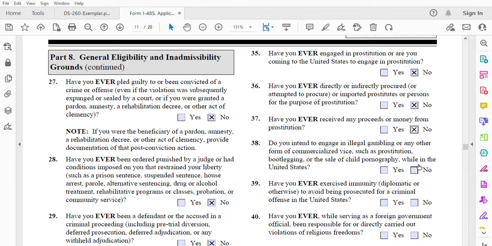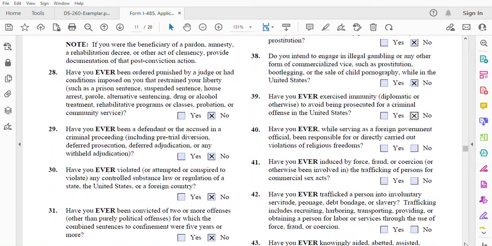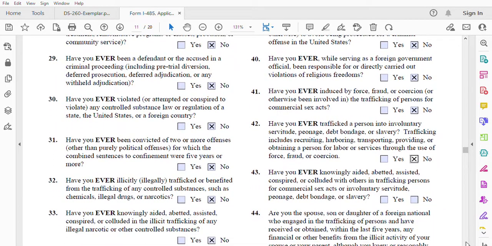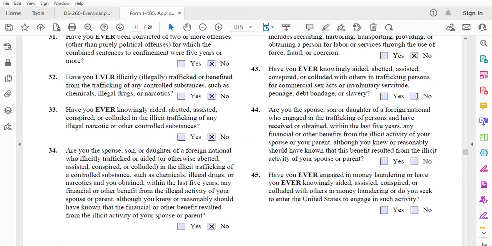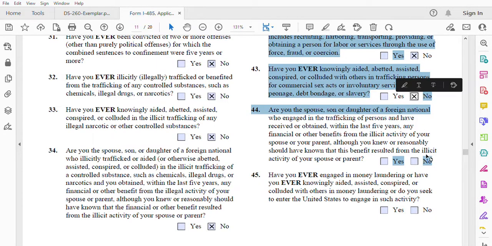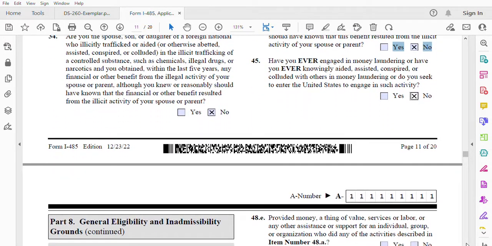No. Just please read them carefully and answer the one that applies for you. No. No. 44. No. No. No. 45. I don't want to take too long, so I don't just answer yes or no.